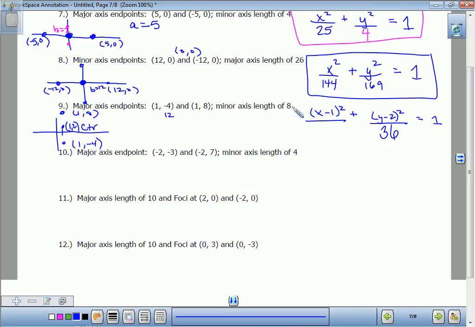This one has a minor axis with a length of 8, which means I go how far in either direction? 4. So b is 4. So 4 squared is 16. Done.